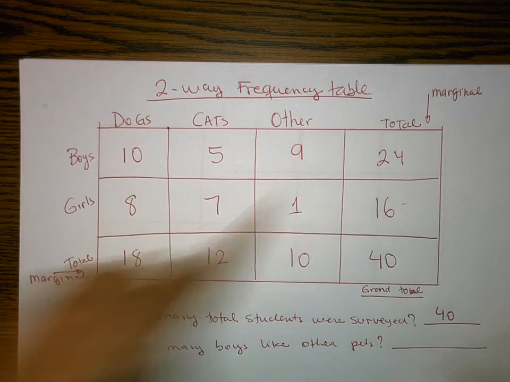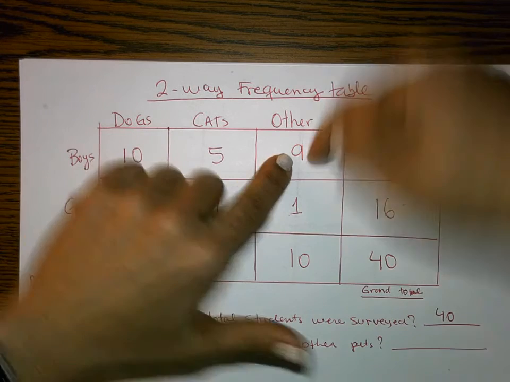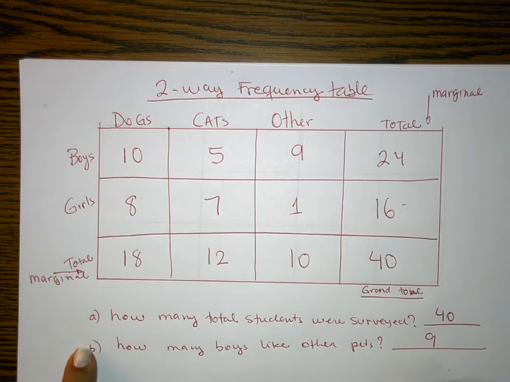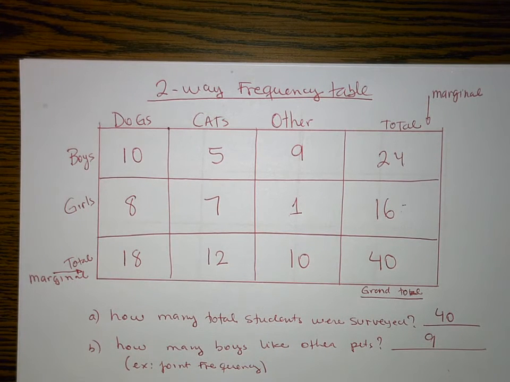So the joint is right here. Not only boys, but also other. And that would be 9. This is an example of a joint frequency question, because I want to know two things jointly at the same time. You have to be a boy and like another kind of pet.